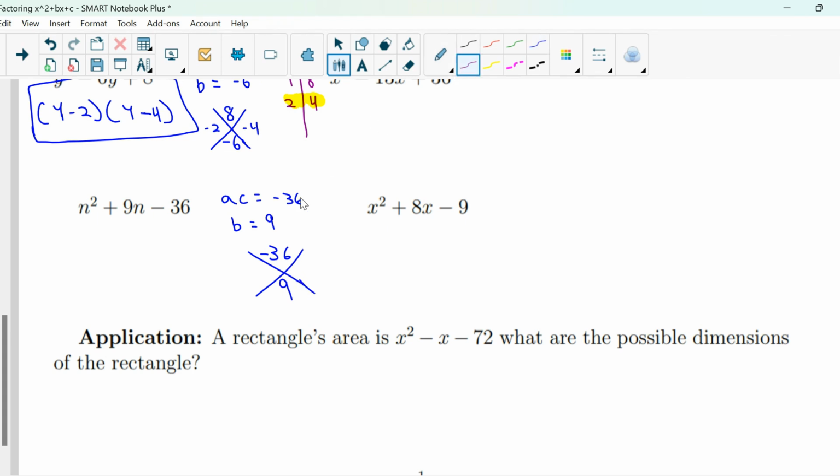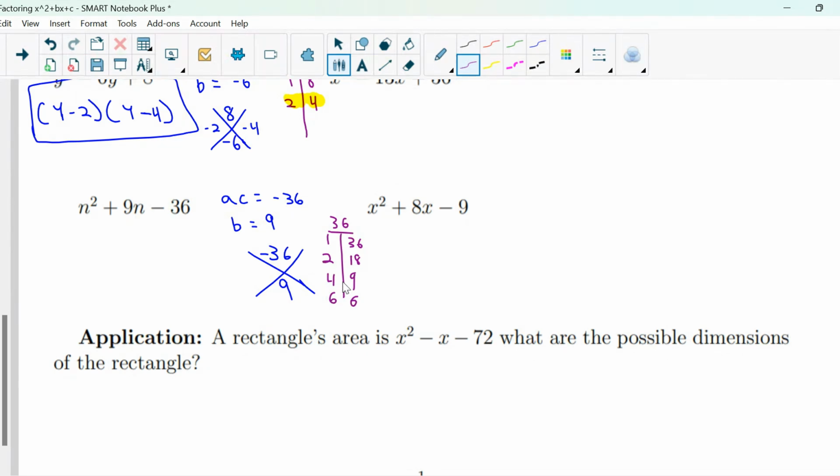So let's go ahead and list our factors of 36. That's going to give us 1 and 36, 2 and 18, 4 and 9, 6 and 6.